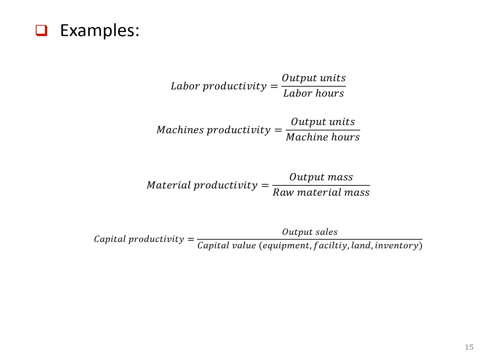Or machine productivity: you can measure it by finding the ratio of outputs over machine hours. Or material productivity: output mass over raw material mass. Or capital productivity: output sales over capital value, the capital for equipment, total facility and inventory.